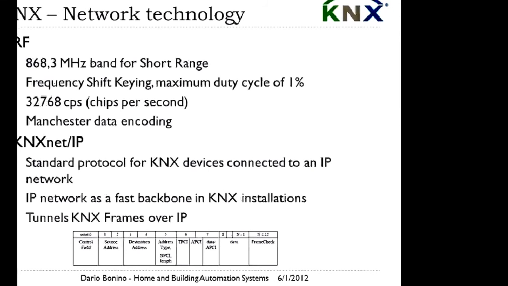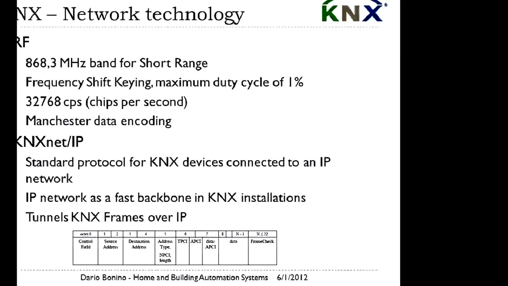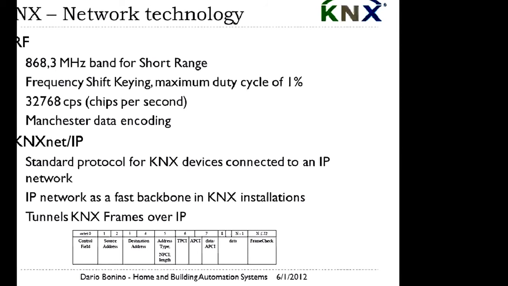They use FSK modulation with duty cycle 1% at maximum. They use the Manchester data encoding, in which every bit is encoded with 1 level and 0 level, and what changes is which of the two comes first. Okay. So 1 0 means 1, 0 1 means 0. And this allows for tackling the noise on the transmission, basically.